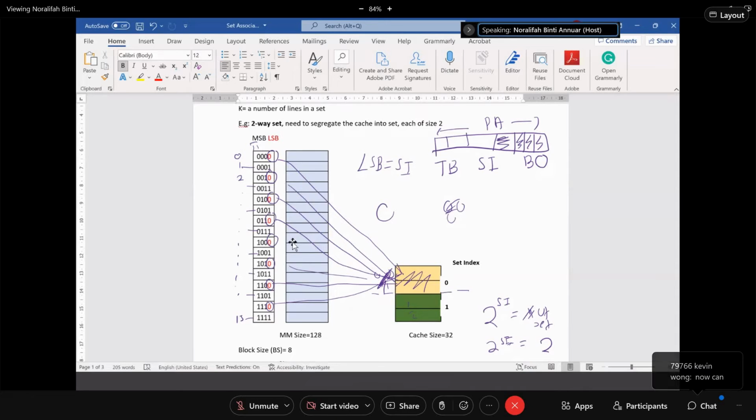Alah. So kat mana yang you miss tadi? So for the set index. Hello, can you hear me clearly? Okay, good. Okay, I repeat guys. So for the set index, you ada dua.